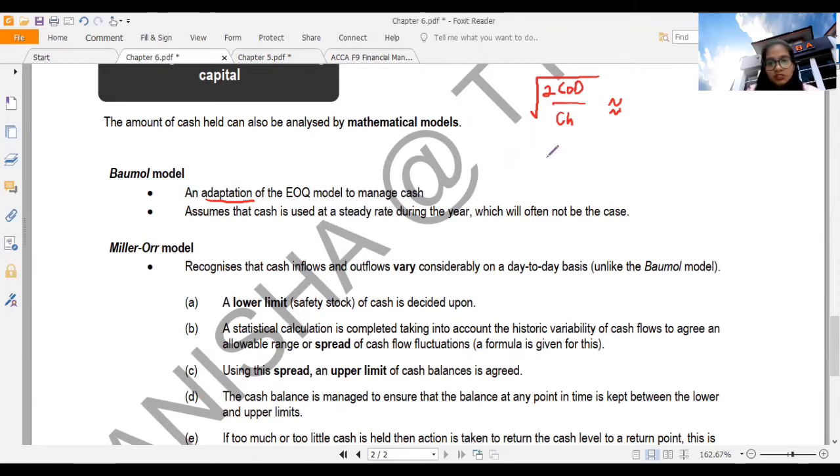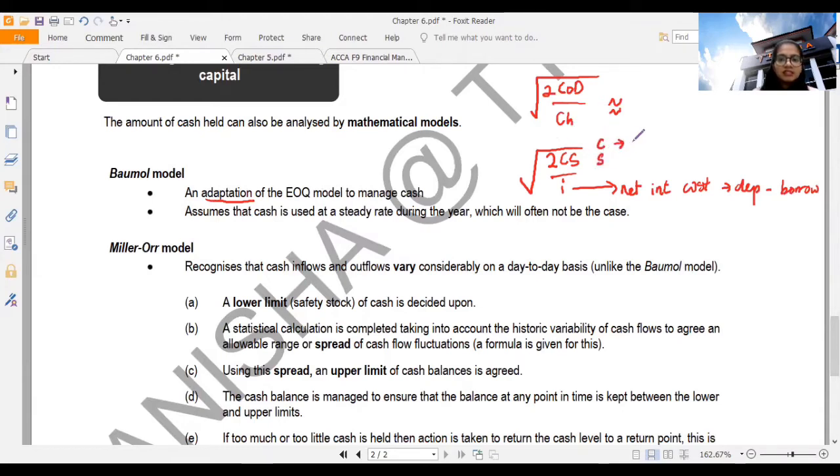Your Bomber model is the square root of 2CS over I. C stands for the transaction cost. S is the demand or the total amount of cash required. I is the interest cost of holding your cash. Remember, this interest has to be a net interest cost. When I say net interest, that means deposit minus borrowing.